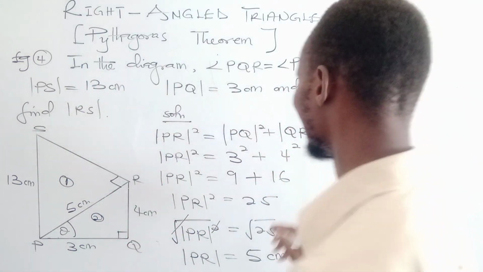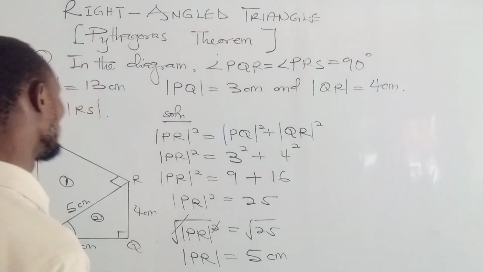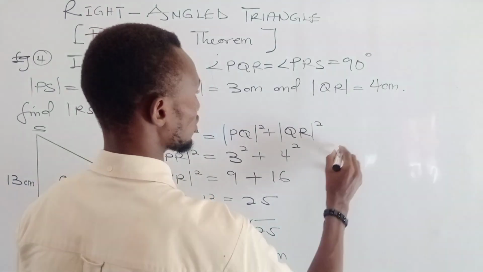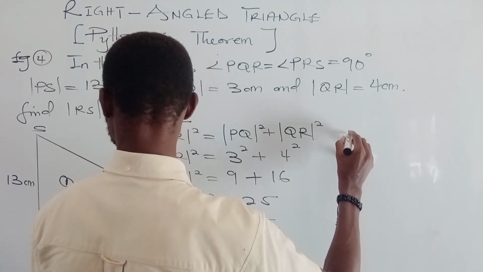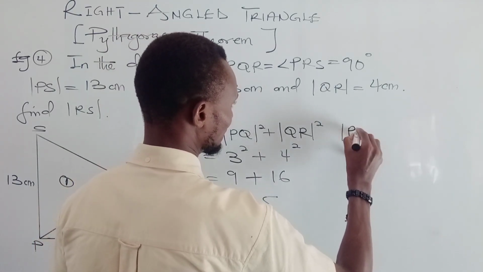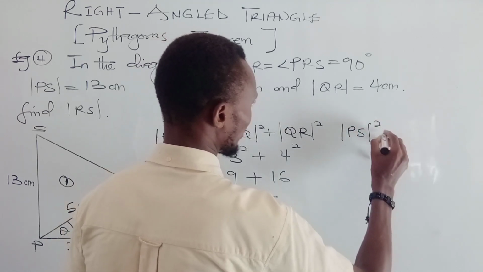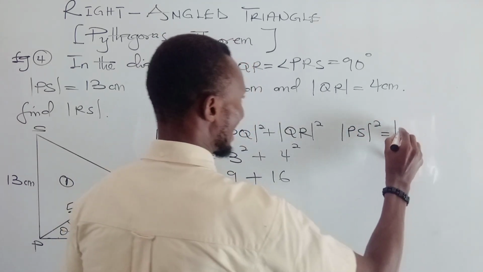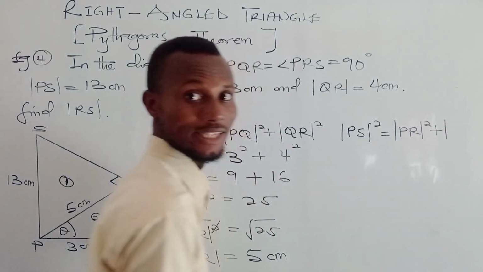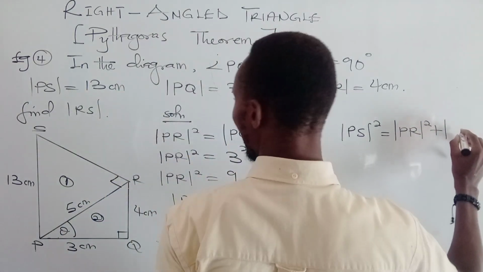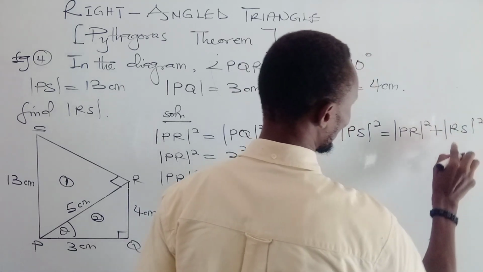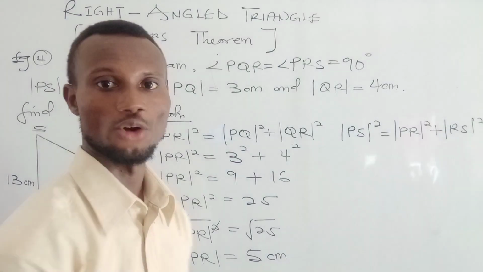Let me write the formula down and solve for RS. So I'll have that line PS squared will be equal to line PR squared plus line RS squared. That's the Pythagoras theorem formula.